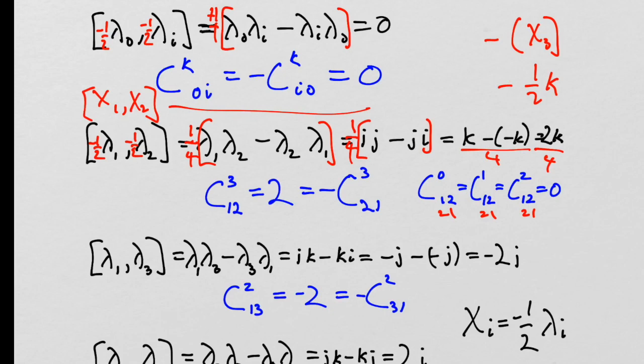Because x3 would be minus 1/2 k by the definition, but we have positive 1/2 k, so we have minus x3. So that means the coefficient is actually minus 1 in the new basis. So this 2 here becomes a minus 1, and these guys are still 0.